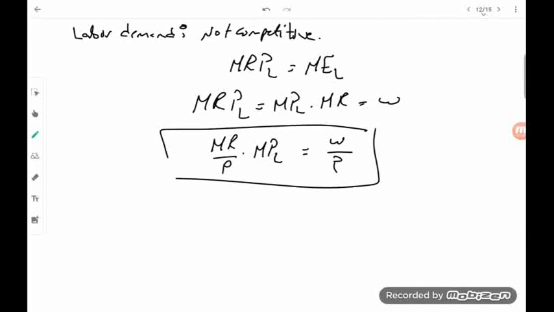Do monopolies pay higher wages? Actually, yes. Monopolies pay wages that are higher than what are paid in the competitive market.